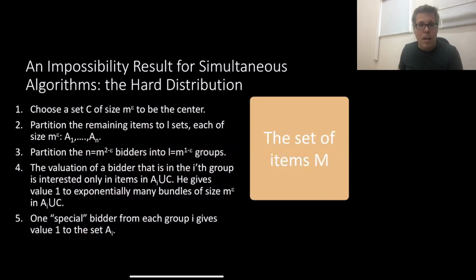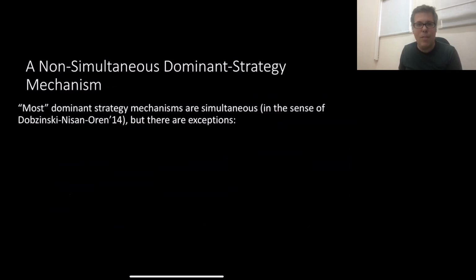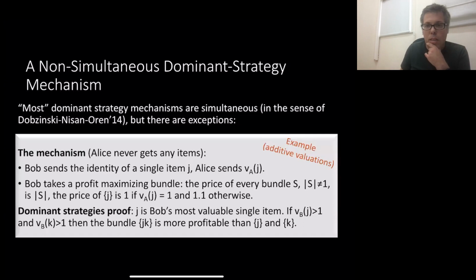I won't show you the simultaneous lower bound proof. Let's actually see a non-simultaneous dominant strategy mechanism, because I got many questions about it before.